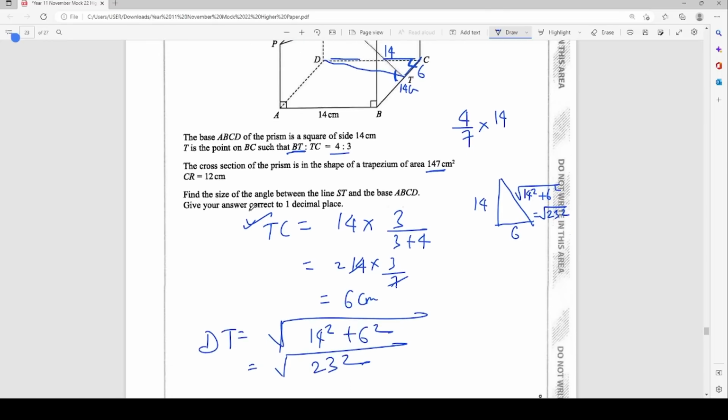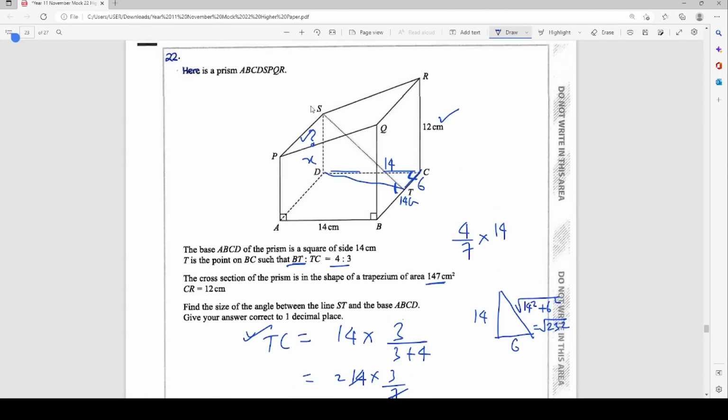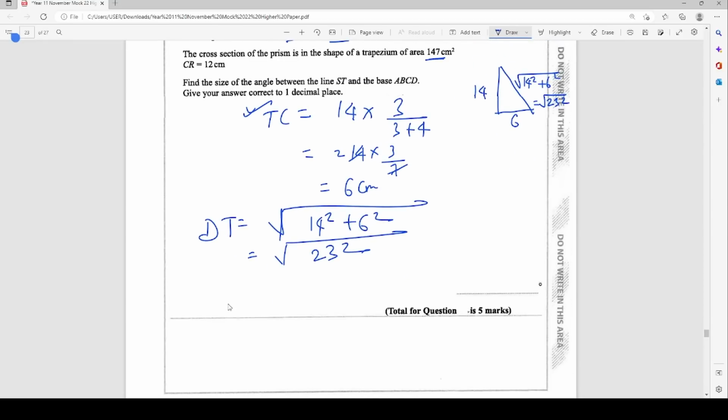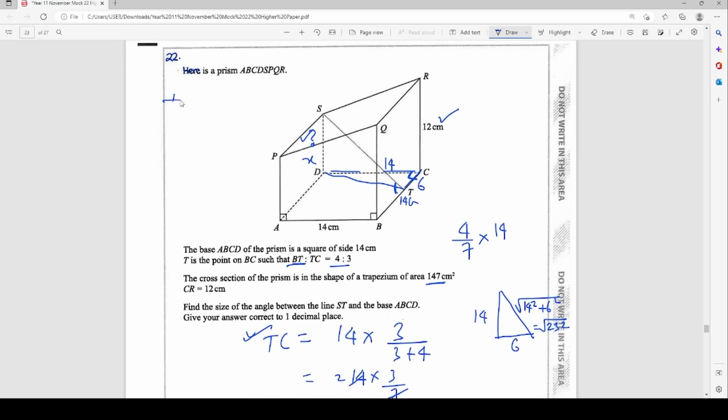We need to find the length of SD, so let's call SD as X. Half times X plus 12 times 14 should be equal to 147. So X plus 12 is equal to 147 divided by 14 times 2, that would be 21. So X is equal to 21 minus 12, which gives X is equal to 9. So now we know this is 9.